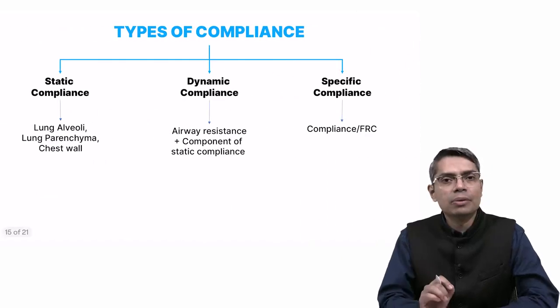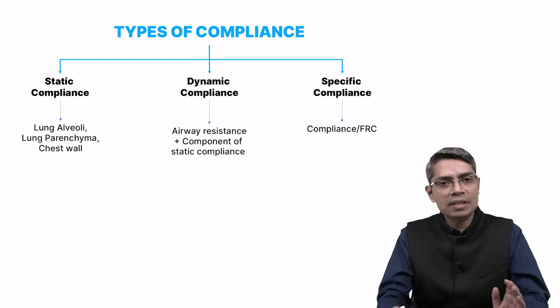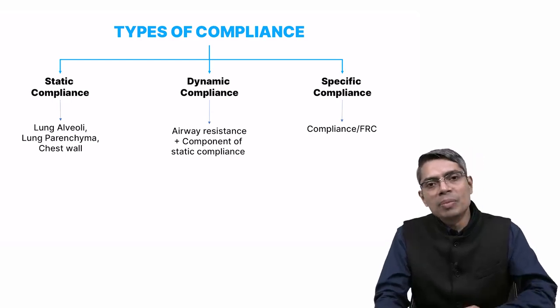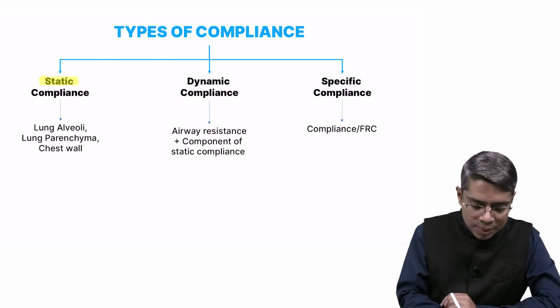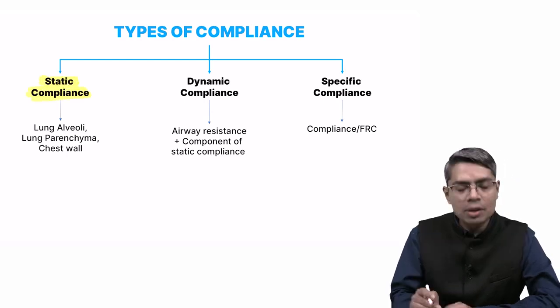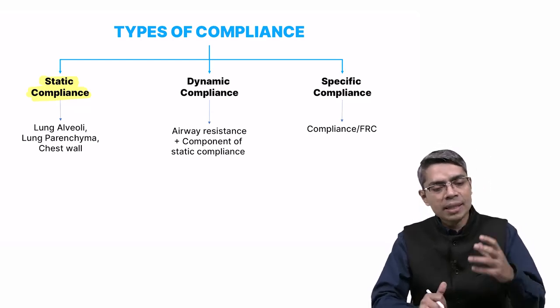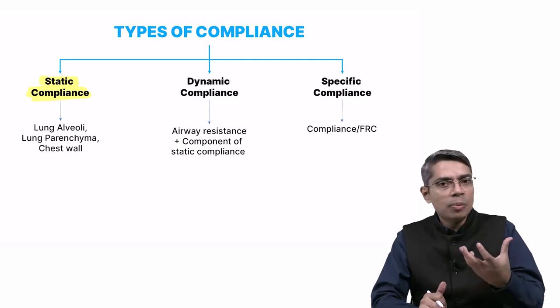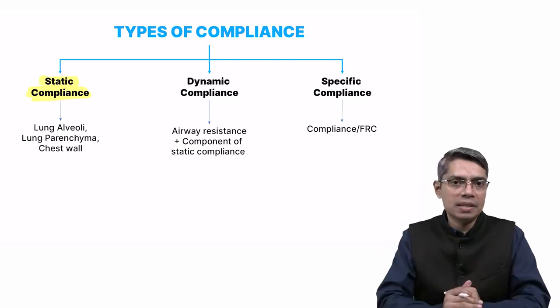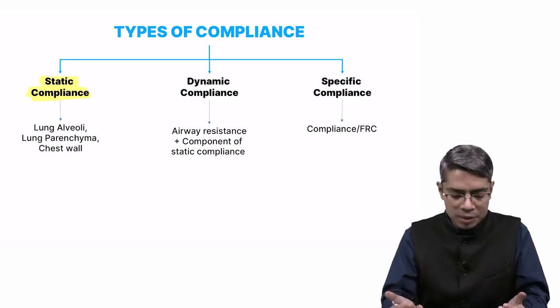Now at the end, we are going to discuss that so far we have discussed compliance, and which compliance have we discussed? So far we have discussed the static compliance. Whenever we discuss compliance, we said that compliance will be more if the opposing force is less. And where are these opposing forces coming from?